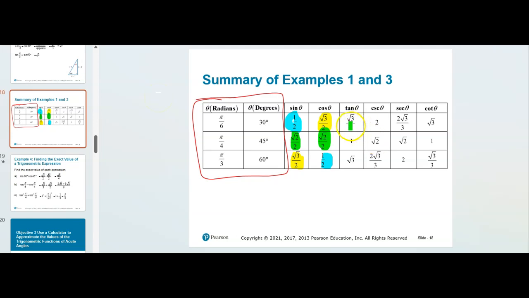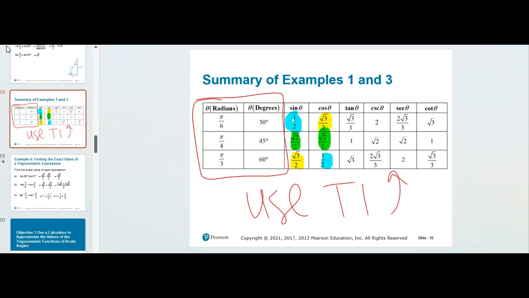Likewise for tangent: 1, square root of 3 over 3, square root of 3. Then we flip those around and we get the same ones for cotangent. We flip these for sines and cosines, and we get the reciprocals, which are the values for secant and cosecant. Again, use your TI calculator and see what all these different values look like.